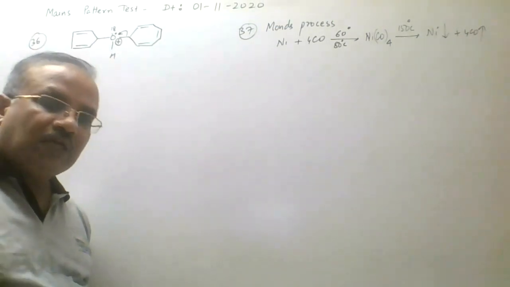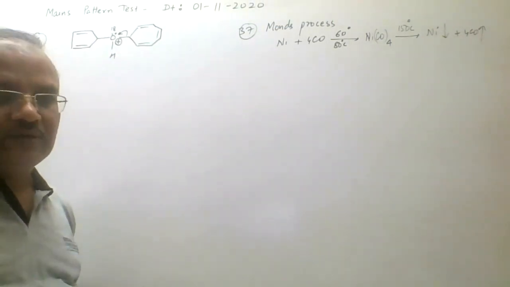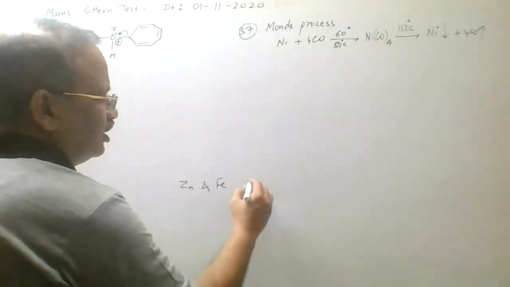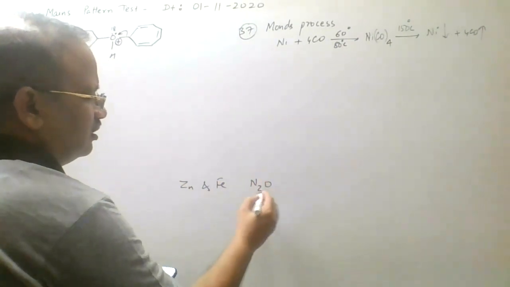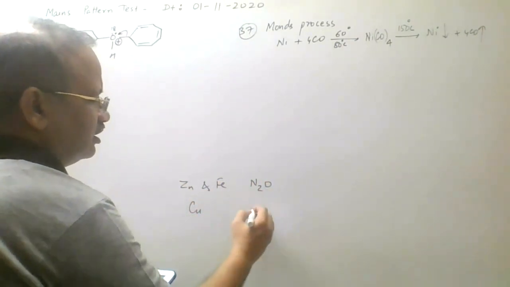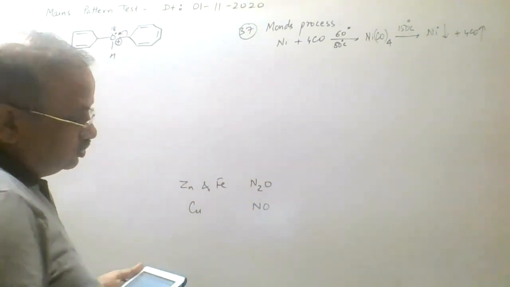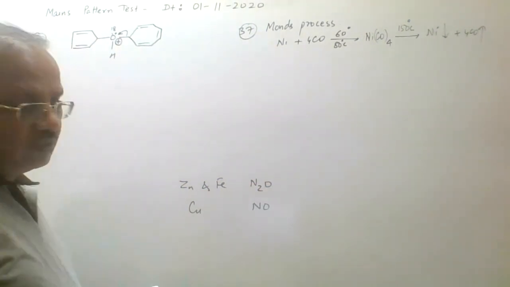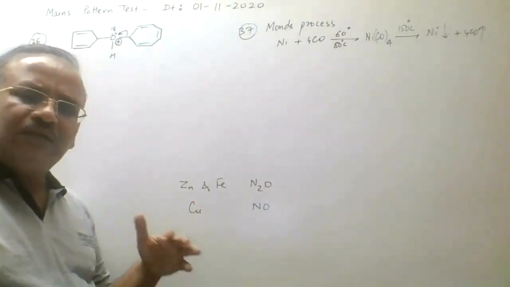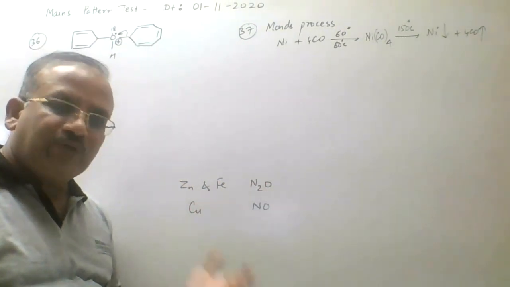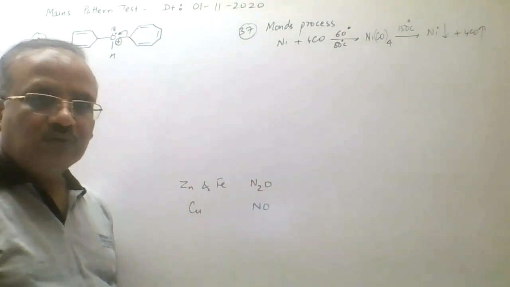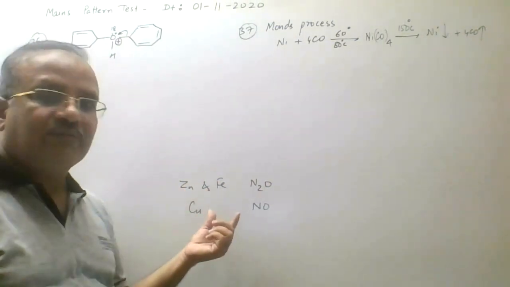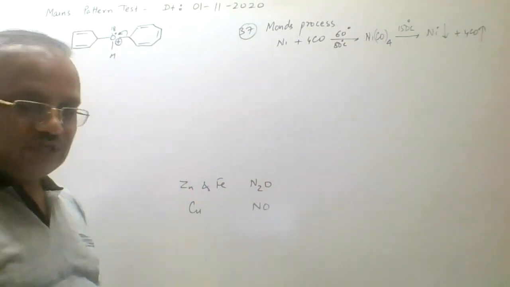But with dilute, it will be either N2O or NO. With zinc and Fe, it liberates N2O, whereas with the other, copper, it liberates NO. So we can read that this is a fact: if it is concentrated HNO3, it doesn't matter which metal is present, it always liberates NO2. But in case of dilute, with zinc and Fe it liberates N2O, whereas in other cases it will be NO.